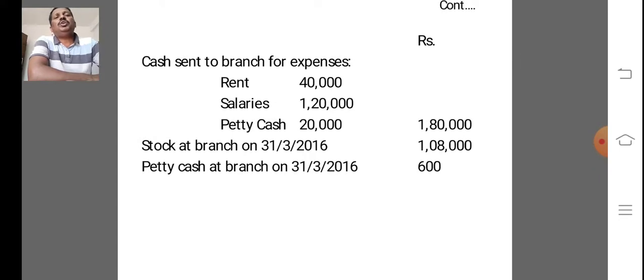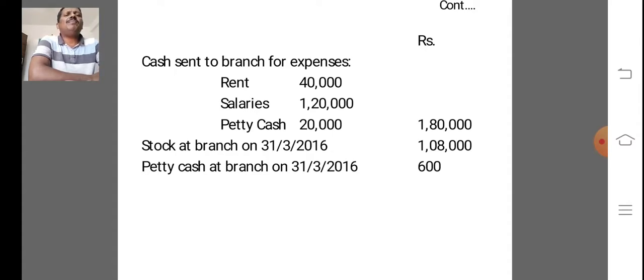Cash sent to branch for expenses: rent 40,000, salary 1,20,000, petty cash 20,000, and stock at branch on 31/3/2016 1,08,000, petty cash at branch on 31/3/2016 600.